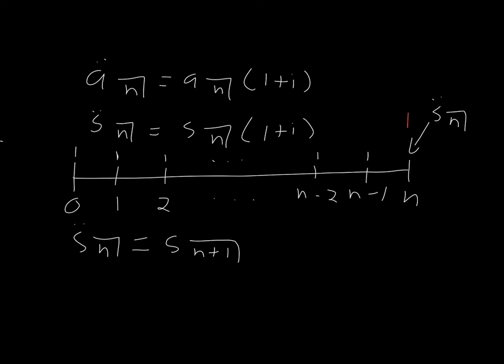So we need to subtract it. Well, its value is 1 at that time. So in order to subtract it, we just remove that 1, and we then make a minus 1 there. So that is another equivalency to s double dot angle n, is s angle n plus 1 minus 1.